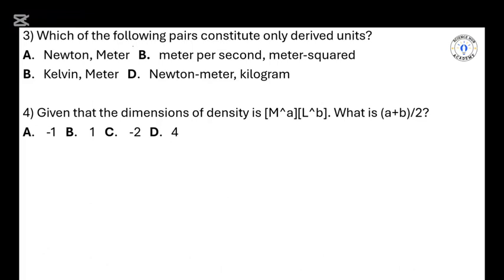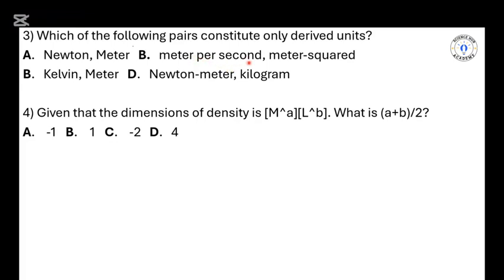And here this one says, which of the following pairs constitute only derived quantities? So we want to see two derived units. Newton is derived, meter is fundamental. It's a unit of length, and that is a fundamental unit. So we want to see two combinations that are both derived.